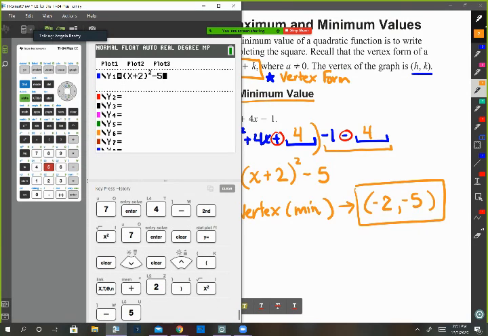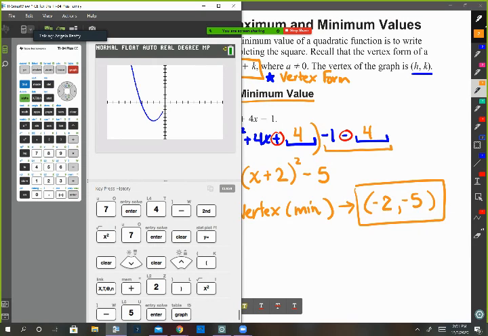Why does it matter? Because at some point coming up soon, you are going to have to graph quadratics, and this is a nice way to get to that point. So when I graph this, notice that there's my u, notice that it faces up, and also notice that this lowest point is -2, -5, which is where I said my vertex was.